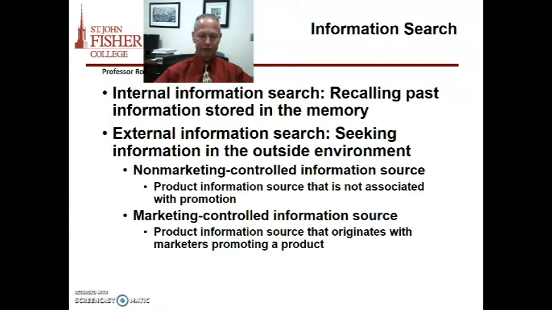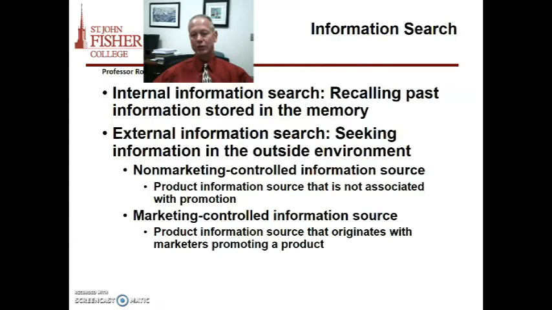That's your internal information. External information is when you seek information because you either don't have enough information for the internal information search, you didn't like what you did, or it's a high involvement purchase, or it's a very visible purchase like clothing or something like that.